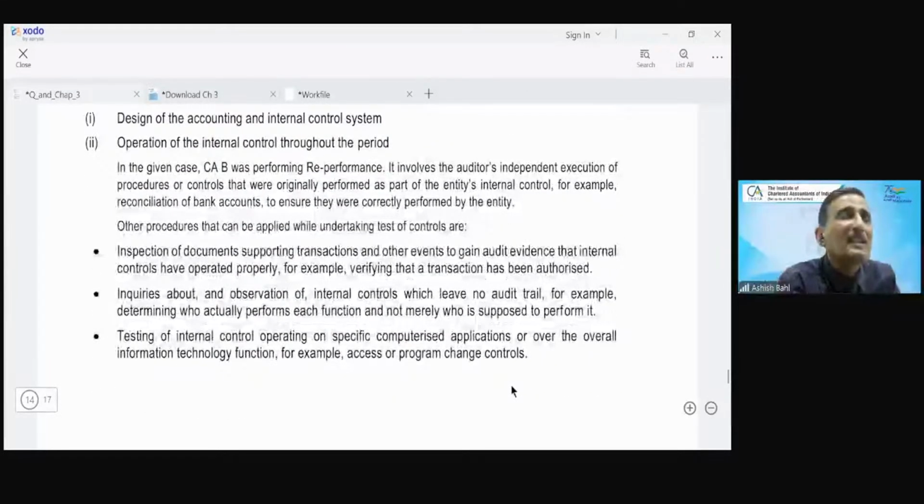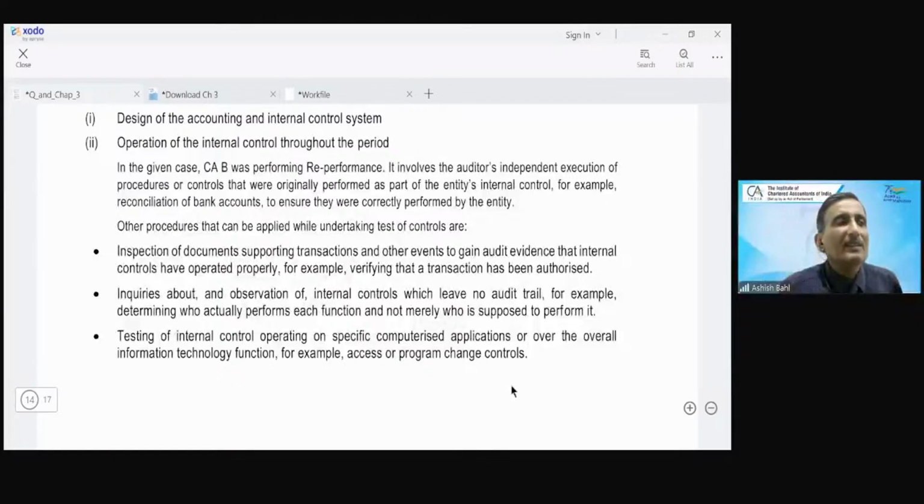And students, which procedures can the auditor perform while performing tests of controls? Now, Tejaswin, control deficiency is basically a flaw which in fact is already there.